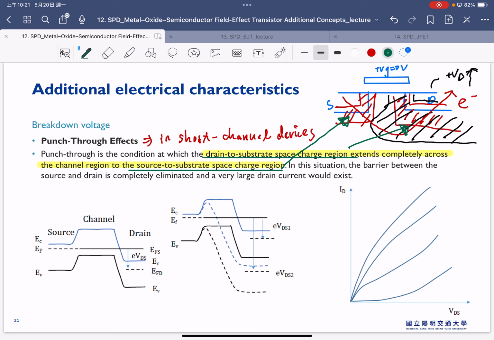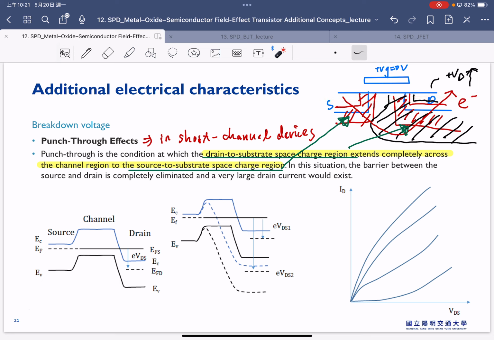In this case, this space charge region extends completely across the channel region and touches the source side depletion region. In this situation, the barrier between the source and drain is completely eliminated, and a very large drain current can exist.